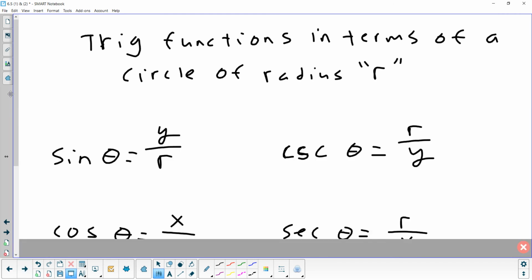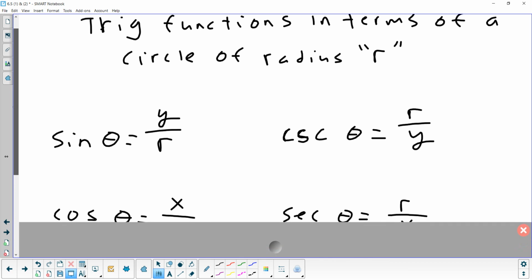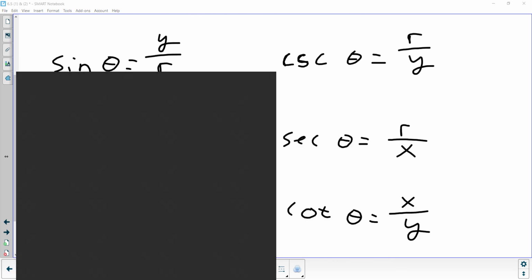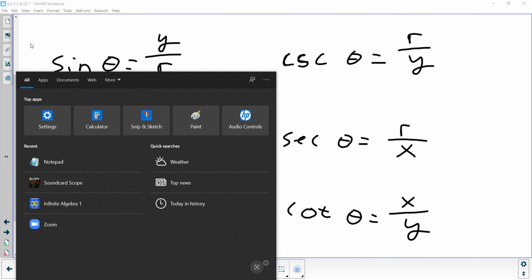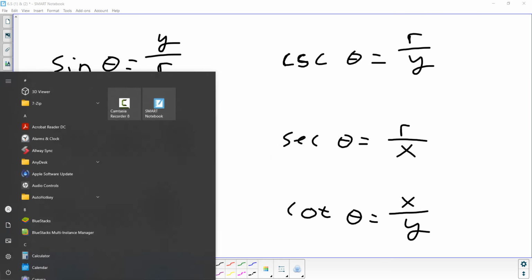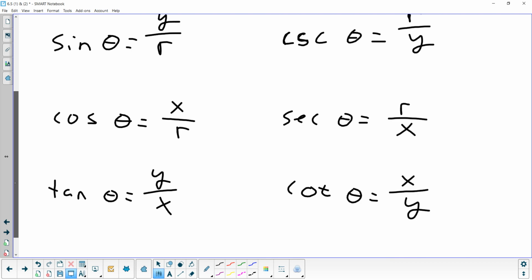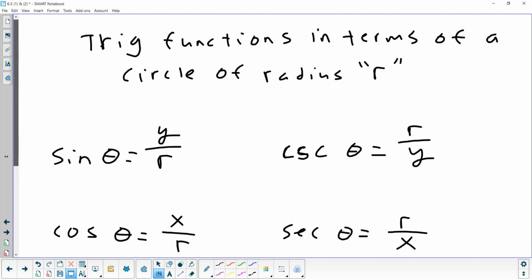So I wrote it down again here. Sine, cosine, tangent, cosecant, secant, and cotangent. Same thing I just wrote on the other page. That's what they are. Trig functions in terms of a circle of radius r.